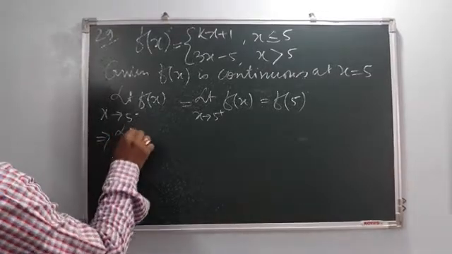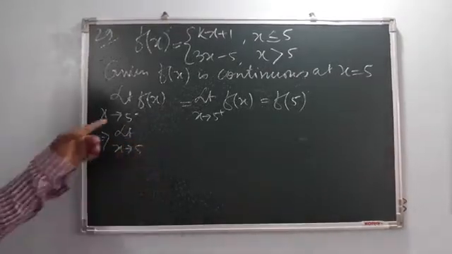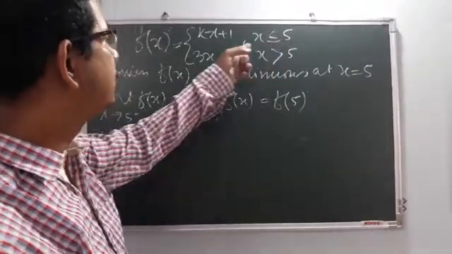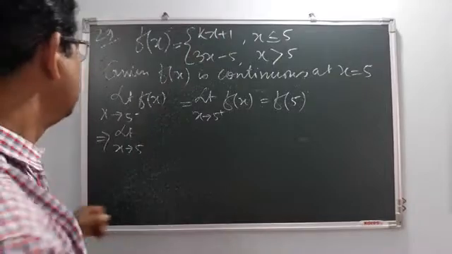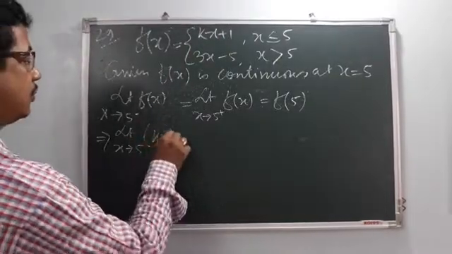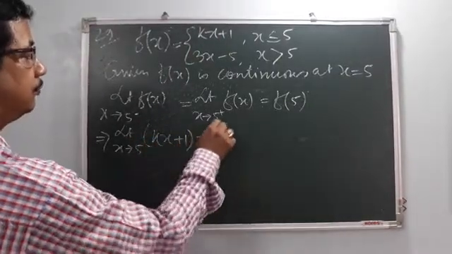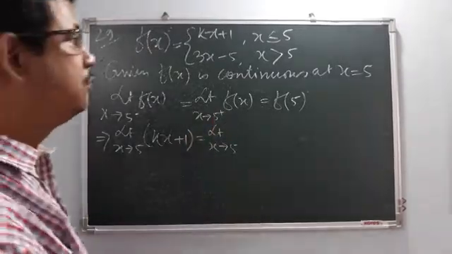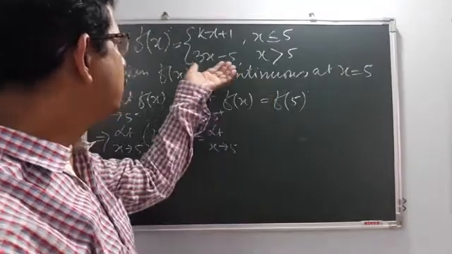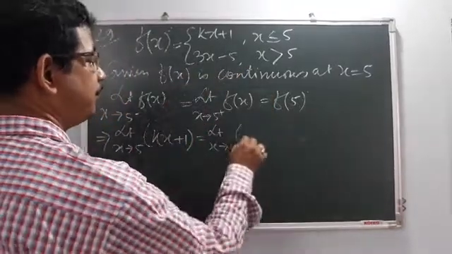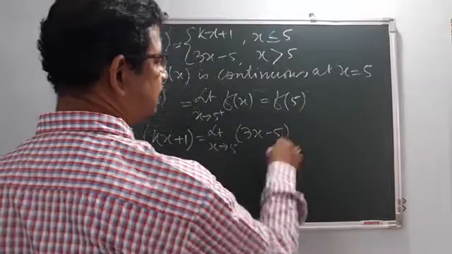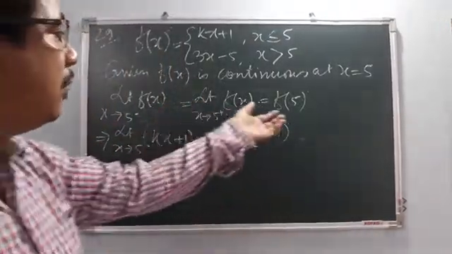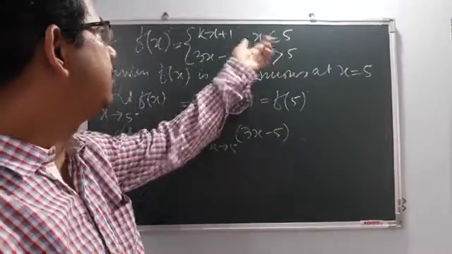When x tends to 5 minus, it means a little less than 5, so we will follow f(x) equal to kx plus 1. Here x tends to 5 plus means a little greater than 5, so we will write f(x) as 3x minus 5. That type of thing we have used already.